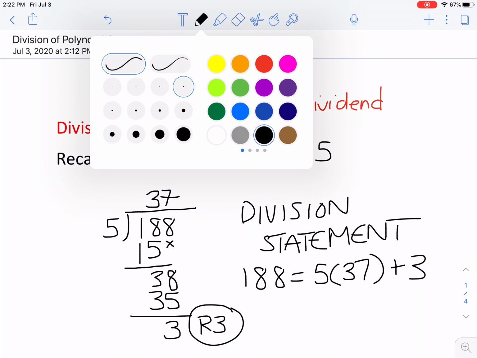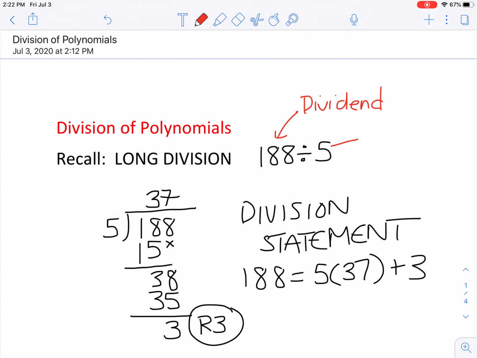So again, the 5, the divisor, goes into the dividend 188 37 times. So 37 is my quotient. And the remainder is 3.